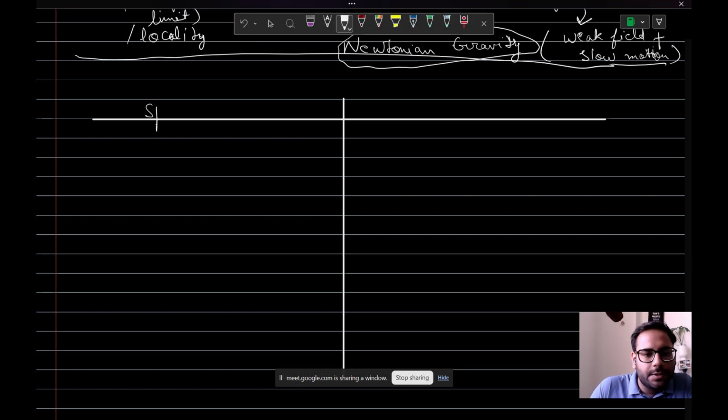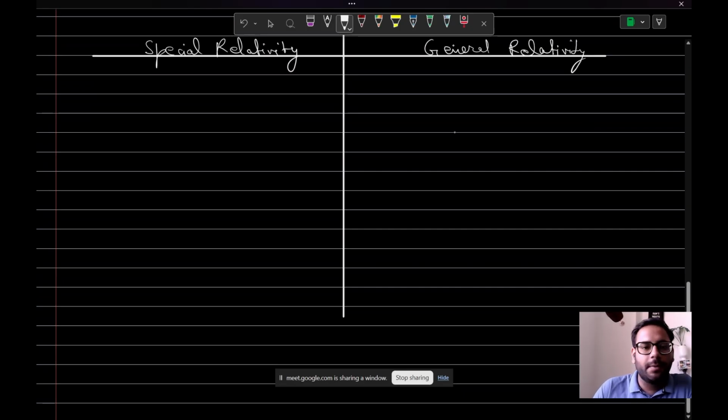So, special theory, or simply special relativity, and here is my general relativity. Keep writing things along with me, it will be better for you.